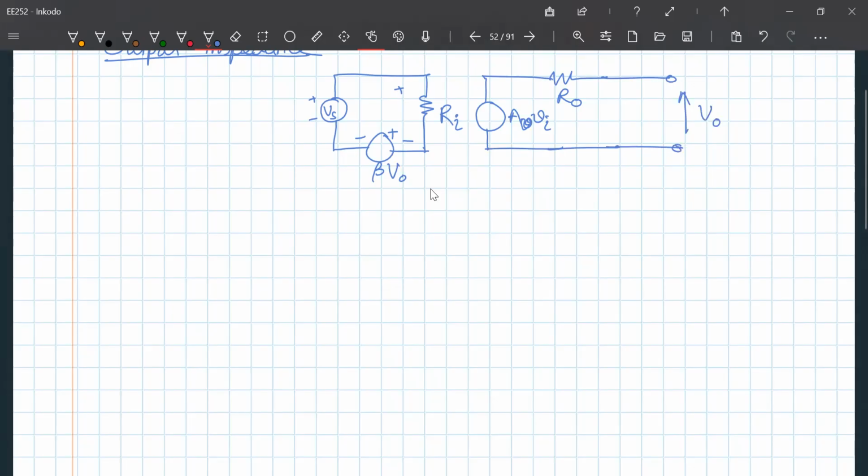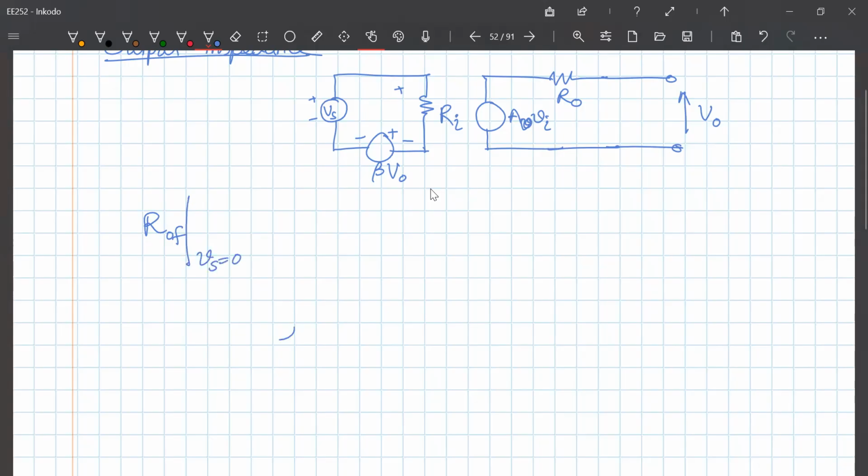Okay. Now here we define R out with feedback, R out F, as when Vs is equal to 0. So this is the definition.